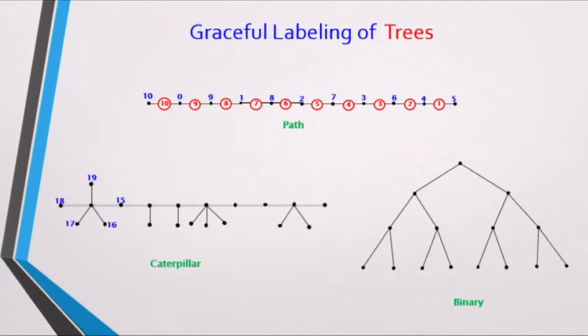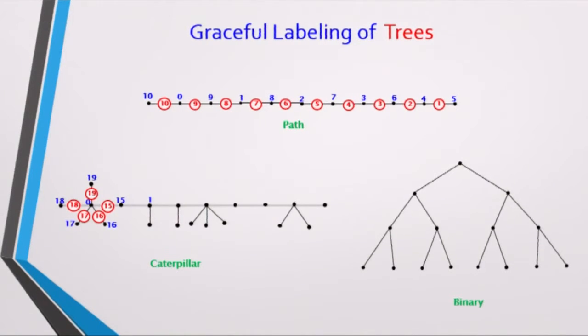Caterpillars. By the way, this one has 20 vertices. The outside ones are considered the neighborhood of this vertex 0. And we could label them with 19 through 15.